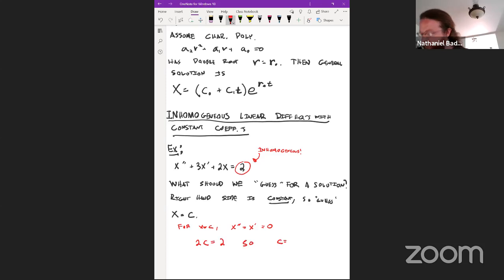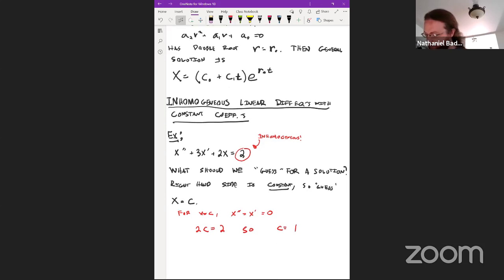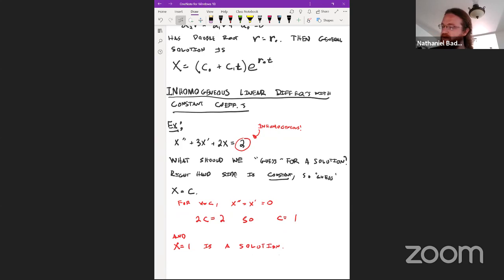So c equals 1, and x equals 1 is a solution. In fact, it is not a general solution, right? We're not getting a whole family of solutions, we're getting a single one. So it is a solution, but it's a particular solution.